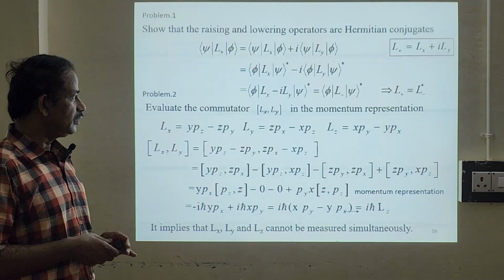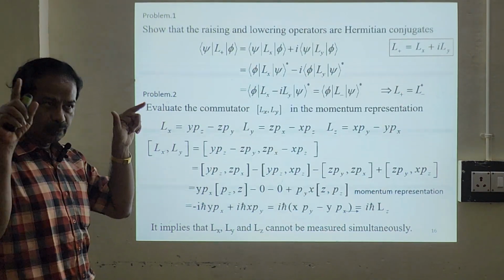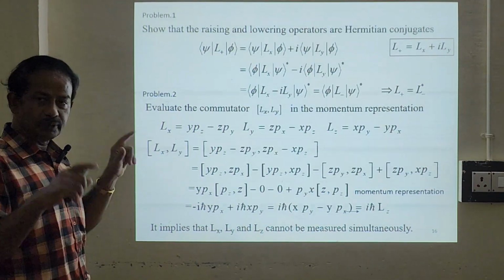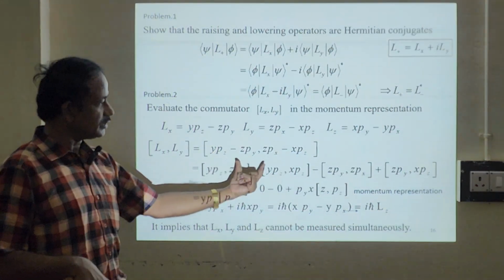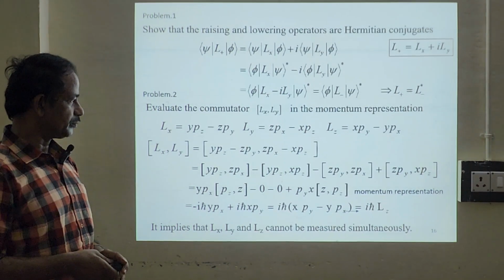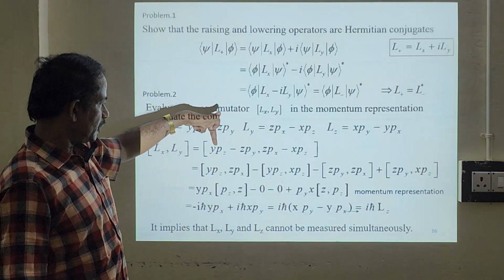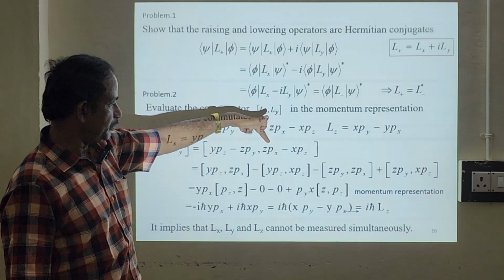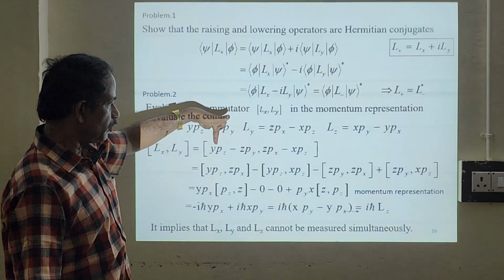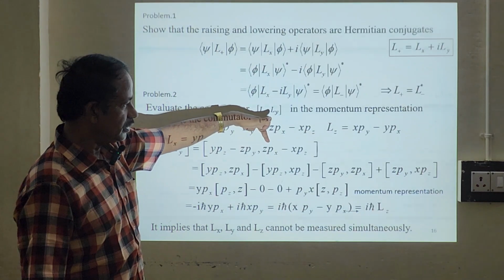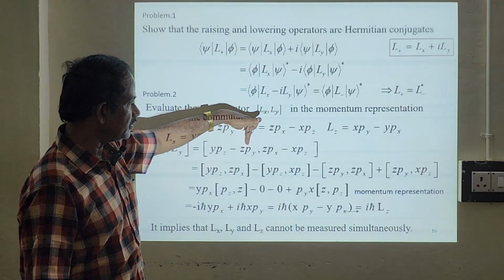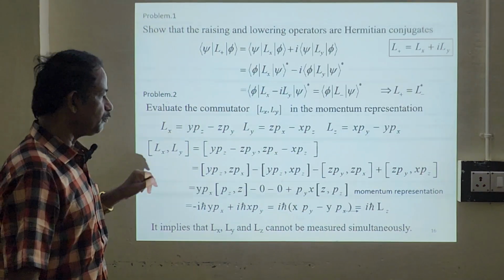Now what is asked? The commutator [Lx, Ly] is asked. So [Lx, Ly] can be written as this for Lx and this for Ly. Now multiplying, ypz, zpx, then ypz will be xpz, then zpy with zpx, minus zpy with xpz. So we have 4 components now.